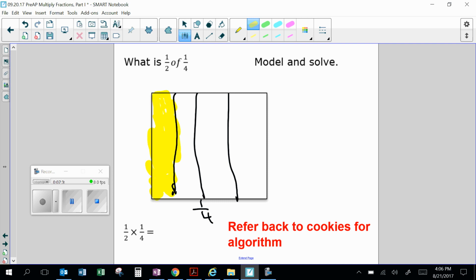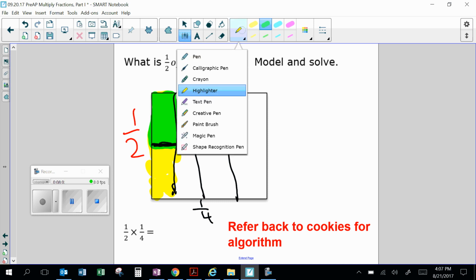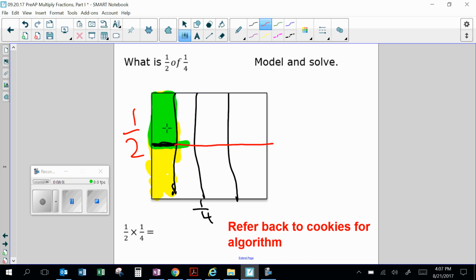I need to find half of this 1/4, so I need to cut this in half right here, and it would be this right here. What fraction of the fraction square would this be? If I extended this line right here, wouldn't this be 1/8? So half times 1/4 is 1/8.